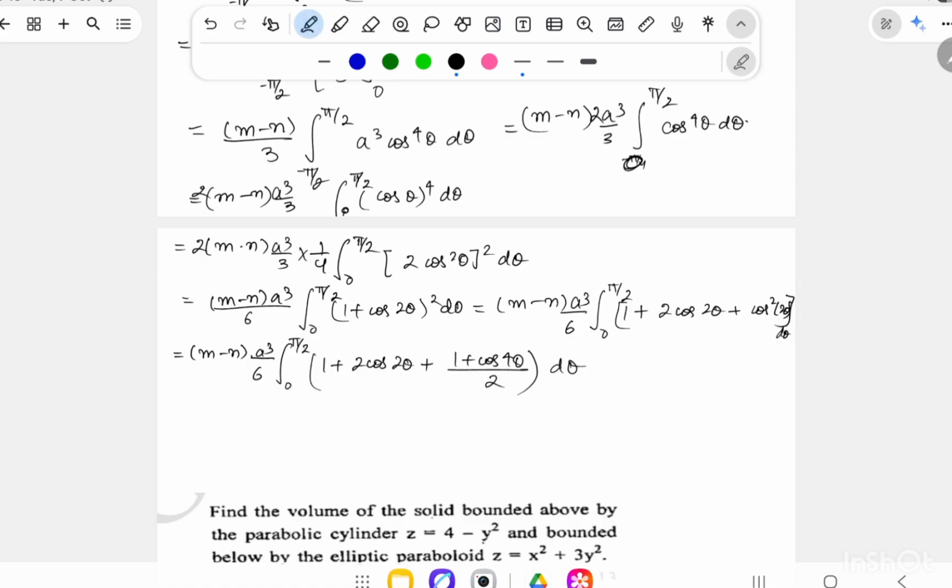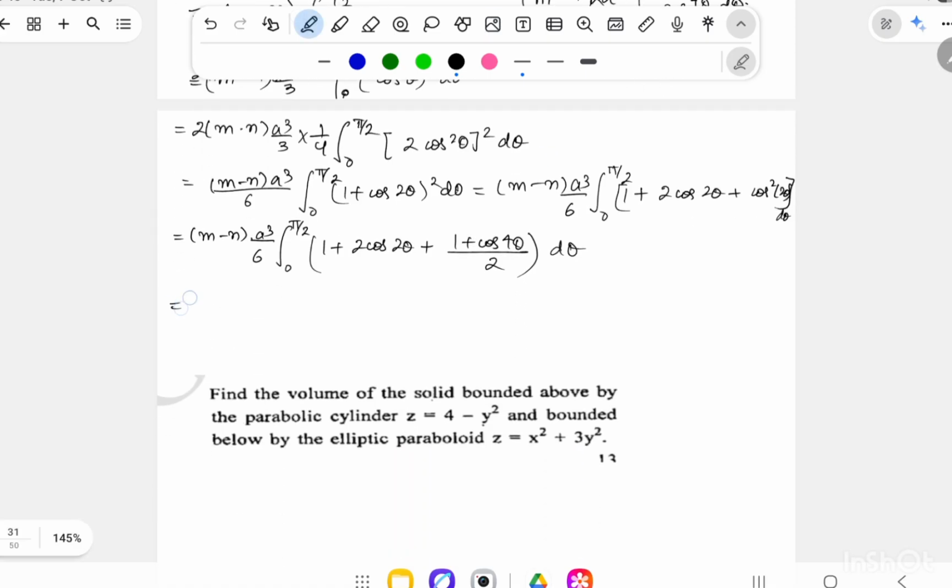From there it is equal to m minus n into a cube by 6, and if I integrate it with respect to theta, it will be theta plus 2 sine 2 theta by 2 plus theta by 2 plus sine 4 theta by 8, and the limit varies from 0 to pi by 2.